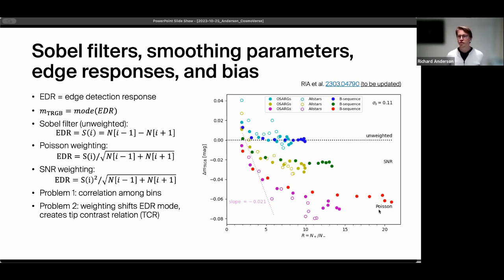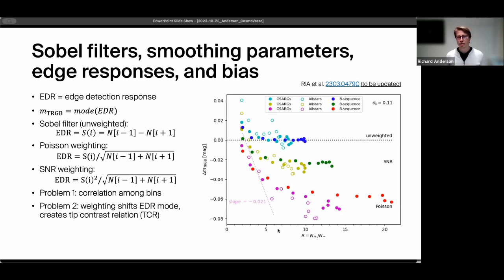In fact, it's different because the contrast is measured relative to the TRGB magnitude. And since the TRGB magnitude shifts, so does the contrast. So in other words, you find higher contrast values when using this Poisson weighting, but you also see a fairly strong, in this case nonlinear, relation of the contrast to the tip of the red giant branch bias.